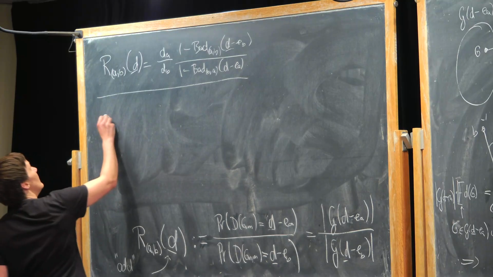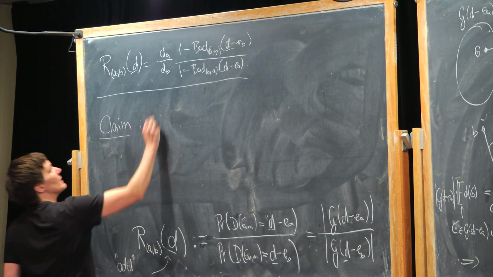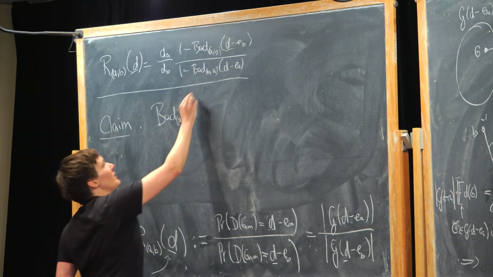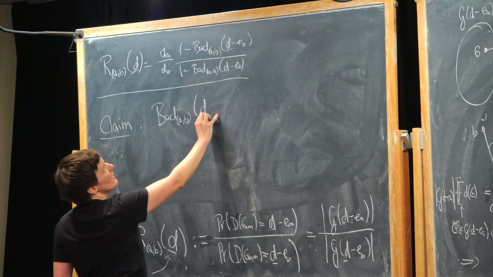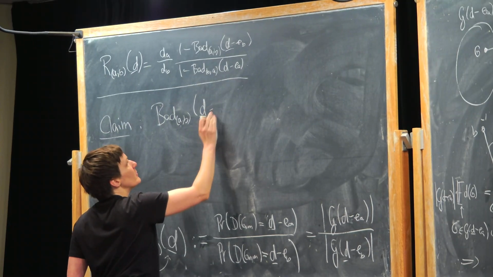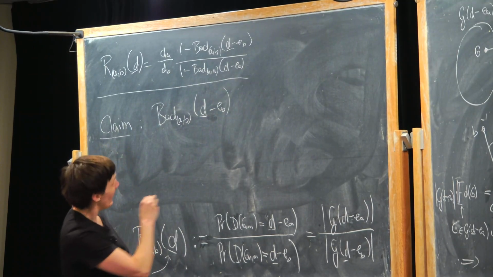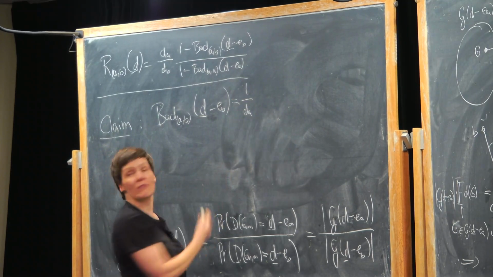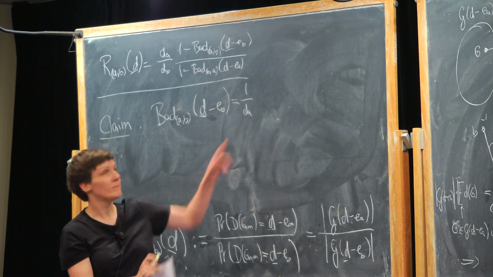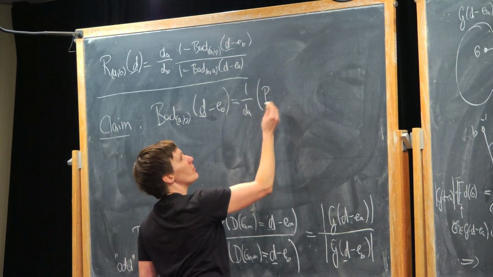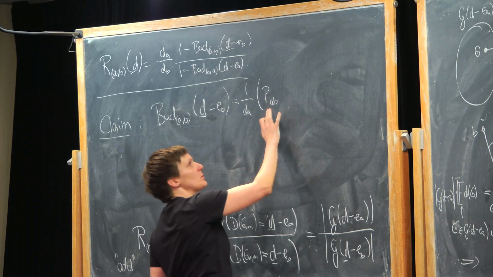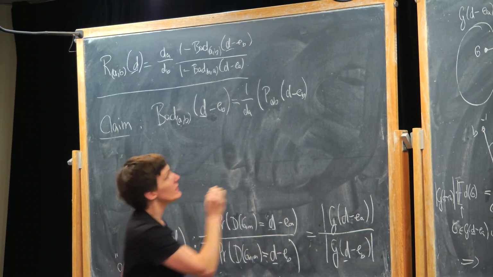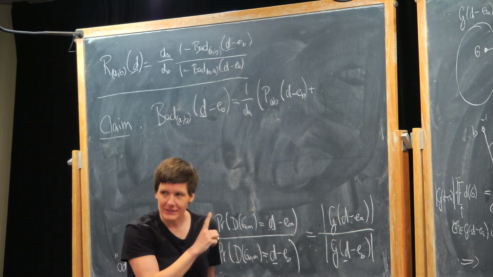So the claim is that bad, if I flip from A to B, in D minus EB, is equal to 1 over dA, that's for the random neighbor of A, times the probability that I see an edge between the vertices A and B in this degree sequence, plus, and for this plus I need to introduce two notations for this claim.